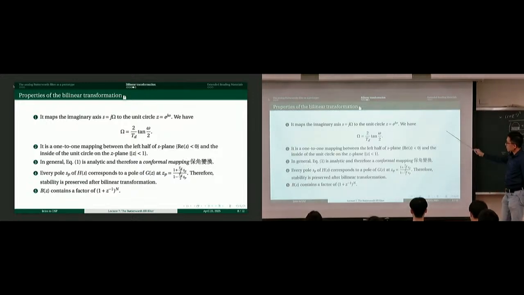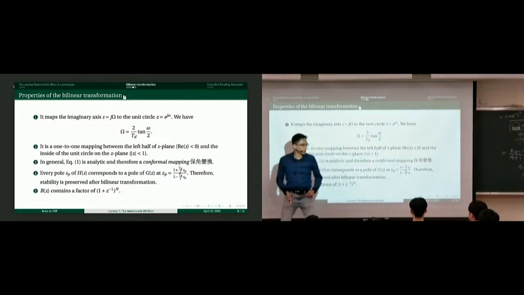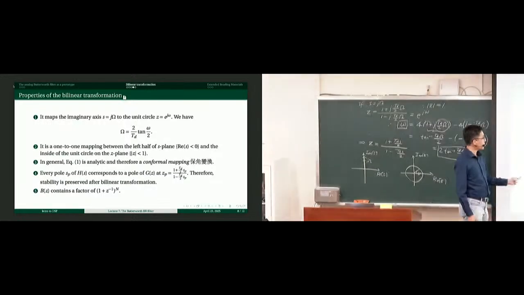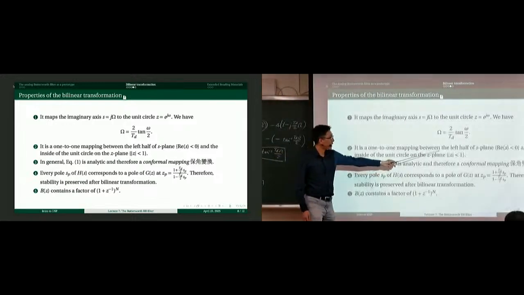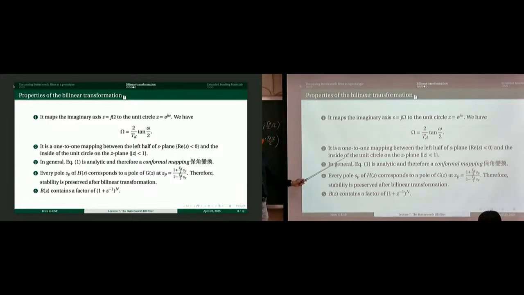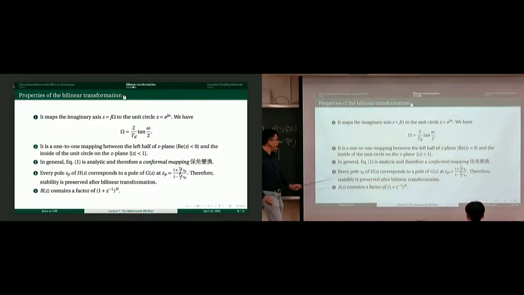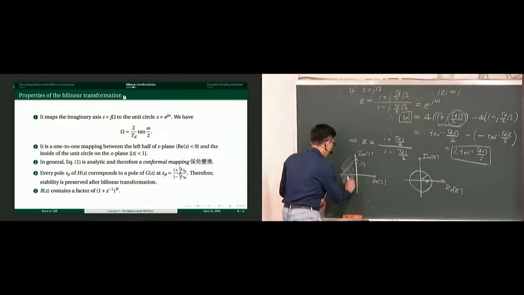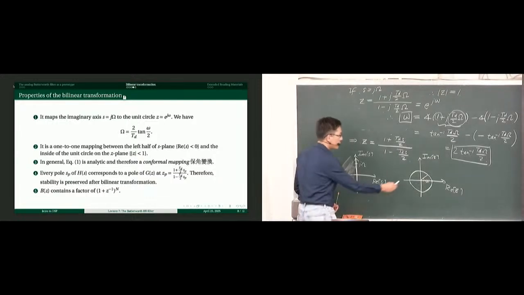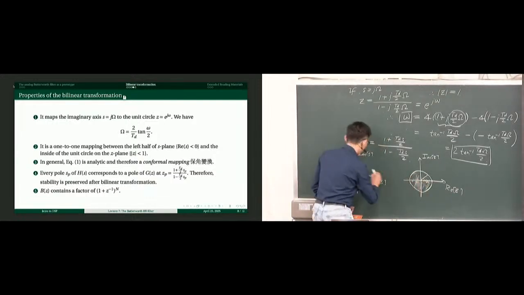And going from the first property to the second property, I want to invite you to think about, let me read it. Turns out that the bilinear transformation is also a one-to-one mapping between the left half plane in S and the inside of the unit circle. The entire left half plane is mapped to the inside of the unit circle, okay?